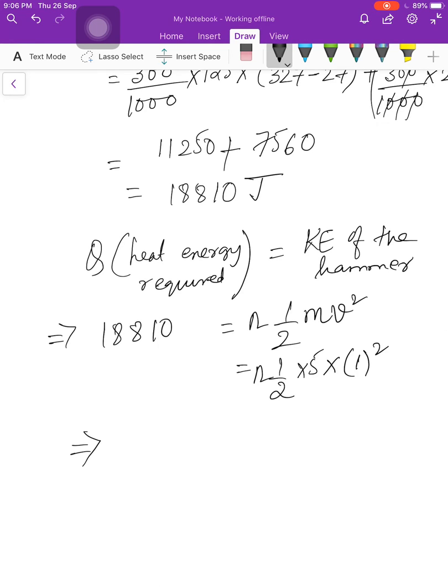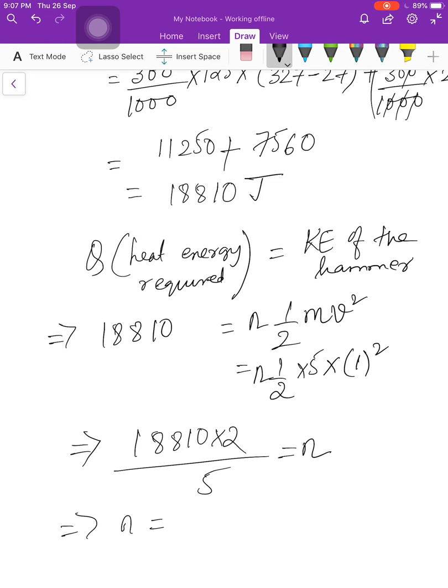Let us proceed to calculate n. 18810 into 2 by 5 is equal to n. So n is equal to 18810 into 2 by 5, which is 7524. This is the number of times your hammer should strike the lead piece to melt it.